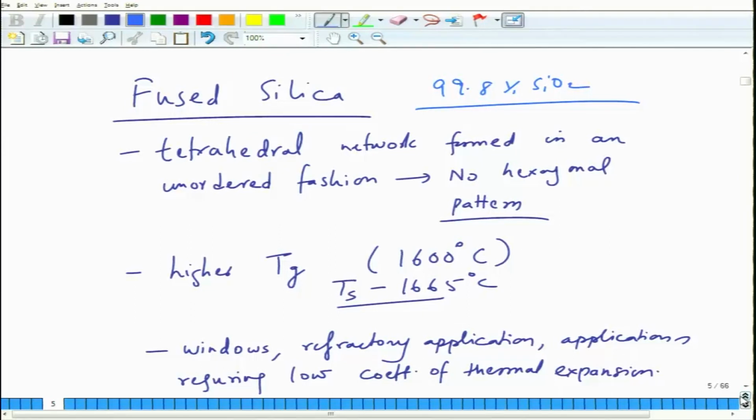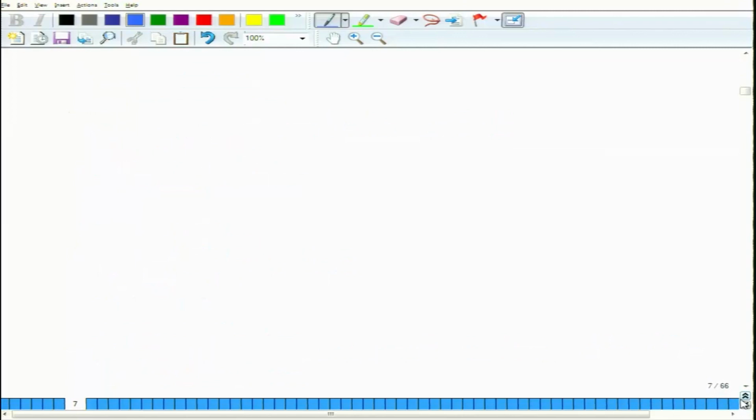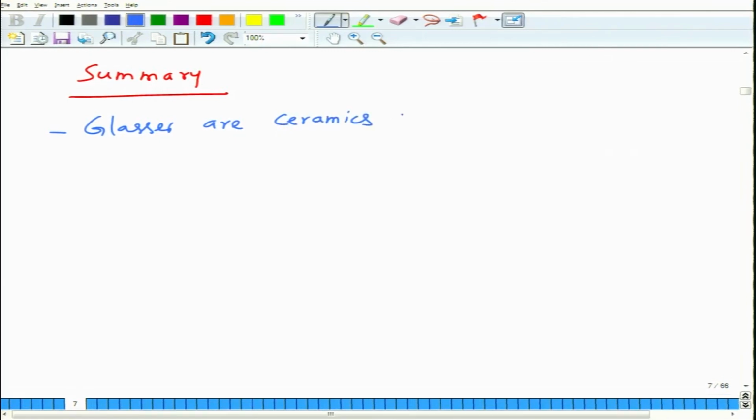Now, in summary, you can say that glasses are ceramics with lack of long range periodicity.